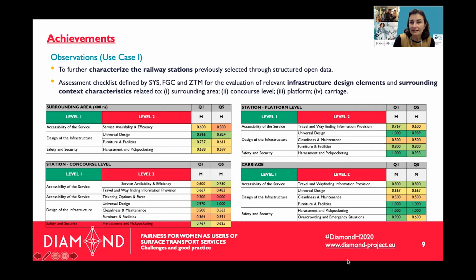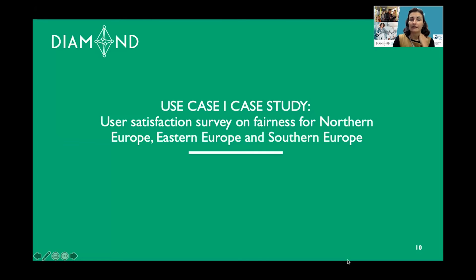And we used a checklist, that is now available for others to use to audit their services, in terms of accessibility of the platform, of carriages, of concourse levels, the surrounding area, and other characteristics like security and safety. And we complemented this by asking the passengers with a user satisfaction survey that we developed.